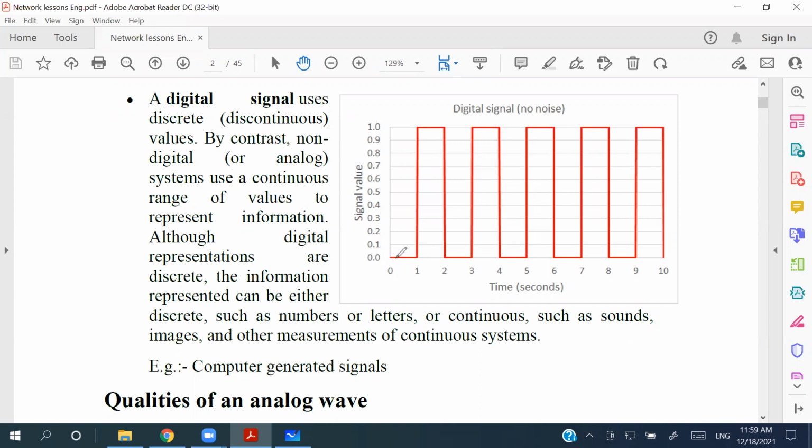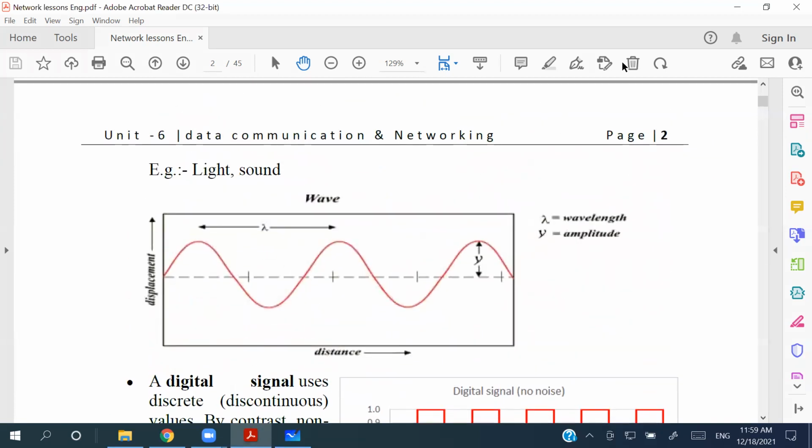This is the 0 point, right? So this is the 0th point, and this is considered as the 1. And unlike the analog signal, this is not gradually changing, right? So in the analog signal, it gradually changes, right? With the time, it gradually increases its height and gradually decreases its height, right?